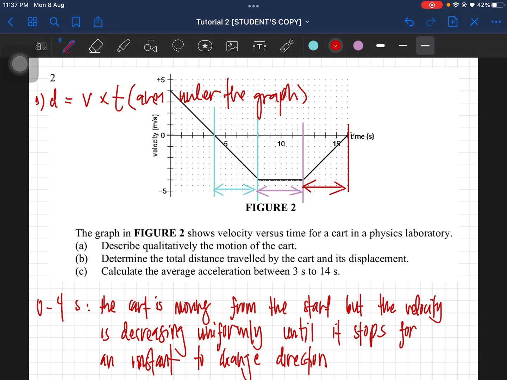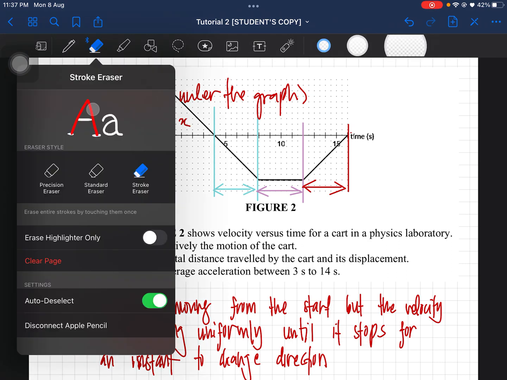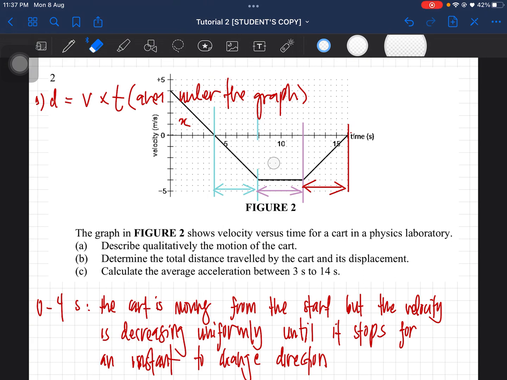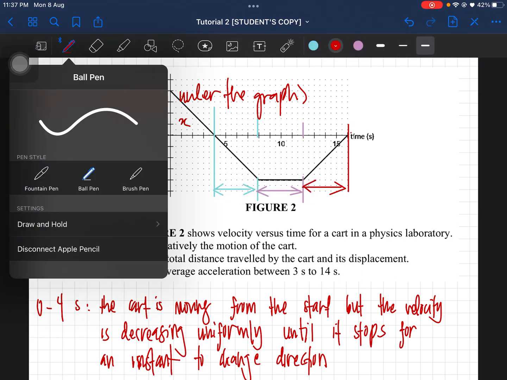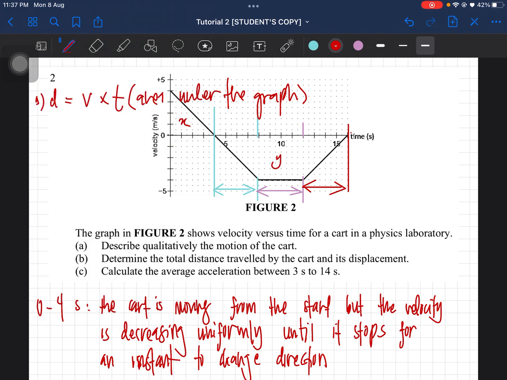The distance is the area under the graph. This can be one part, and this part here, which is a trapezium, can be calculated as another part.